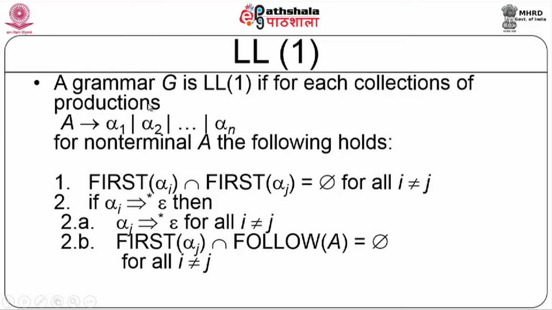The second condition is, if alpha i derives epsilon, then alpha j should not derive epsilon for all i not equal to j, and first of alpha j intersection follow of A should be equal to null for all i not equal to j. So these rules are applicable for an LL1 parser to parse a particular grammar.